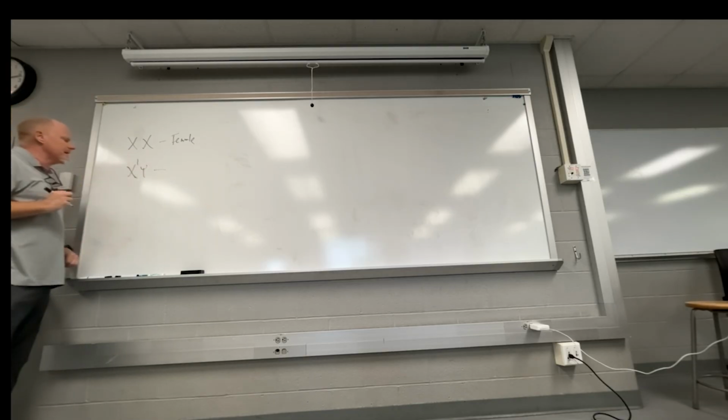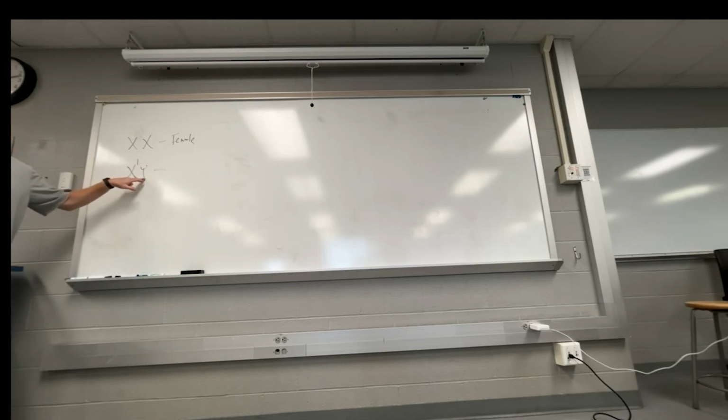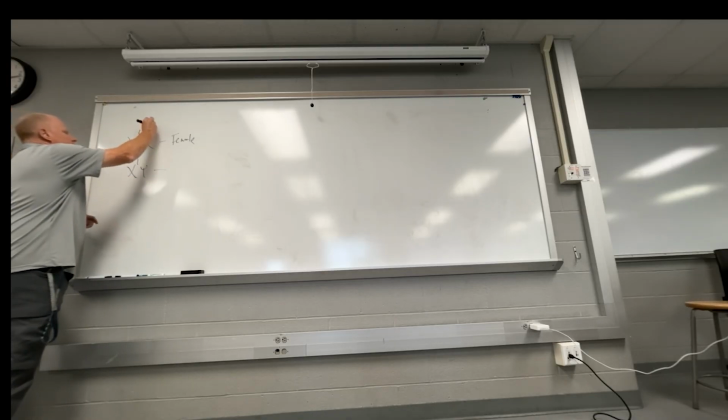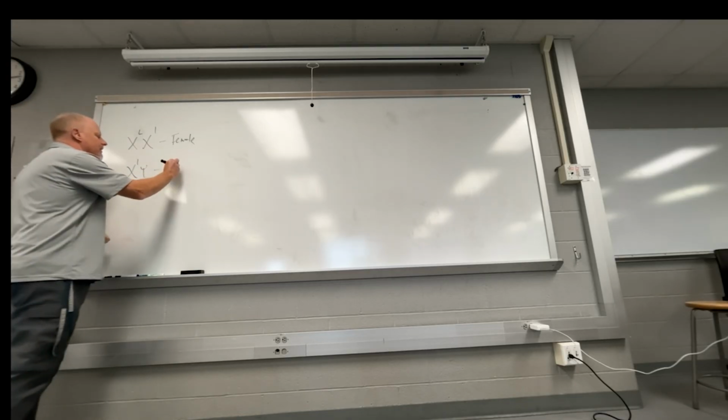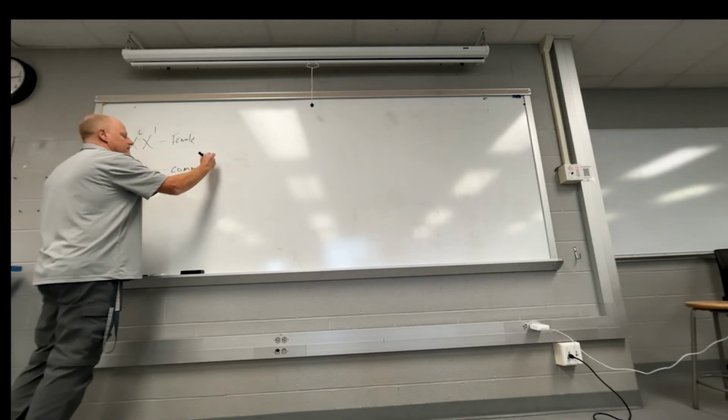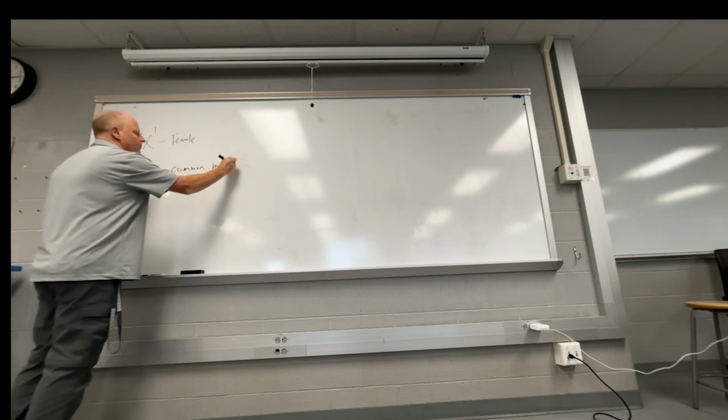If you have a recessive trait, you express it because there's not another X to mask it, right? Whereas females have two X's, and so they can mask or not show the recessive phenotype. So these X-linked traits are often common in males and very rare in females.